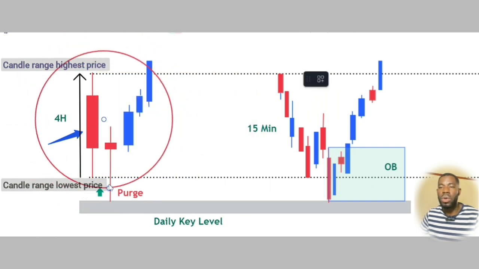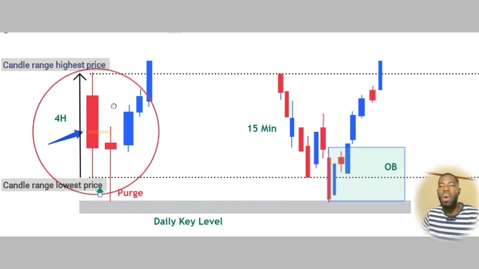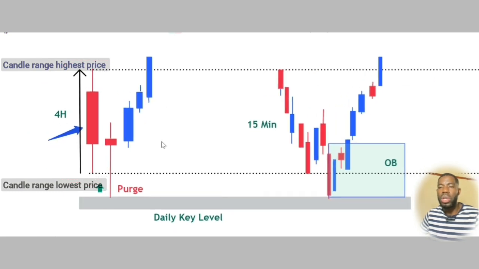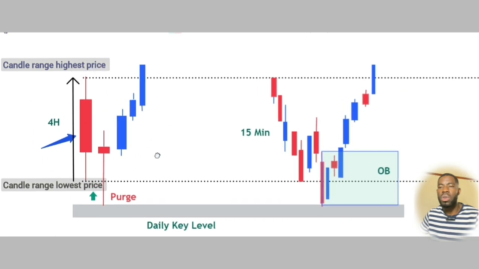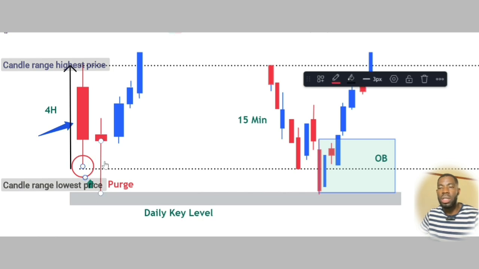So this is the candle range that we are going to be looking at, the 4 hour candle. When you see a candle range theory pattern forming like this, first of all, you will see a candle range like this one.